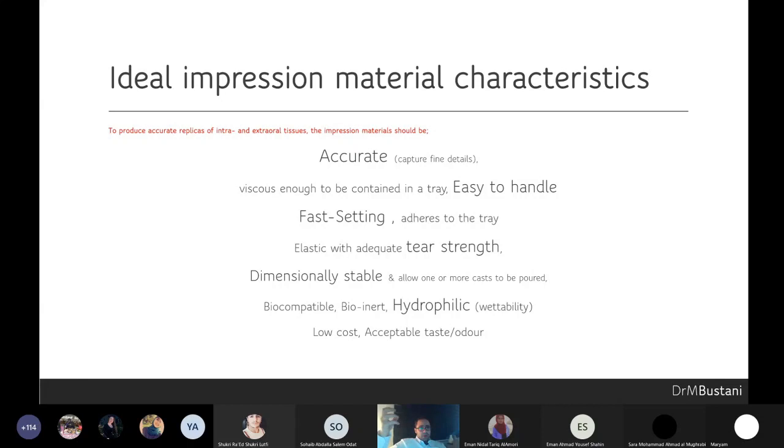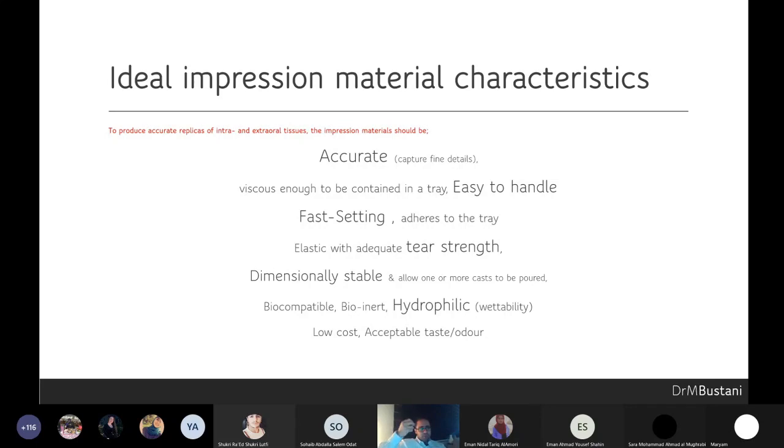The most important characteristic is for the impression to be accurate. So you transfer the shape of the preparation accurately to your lab, so the crown will fit precisely. So the main component in the ideal characteristics, I would say, is that it should be accurate.